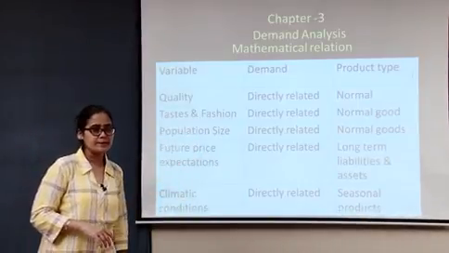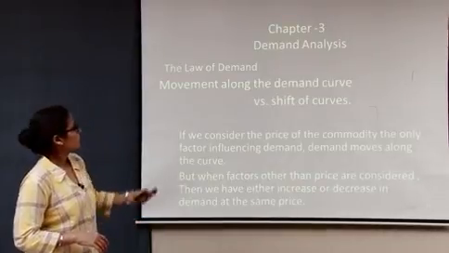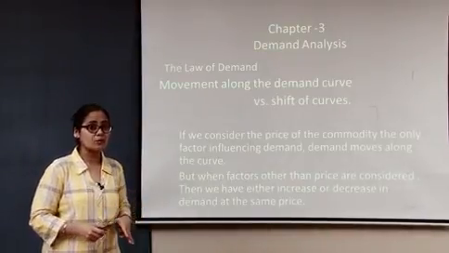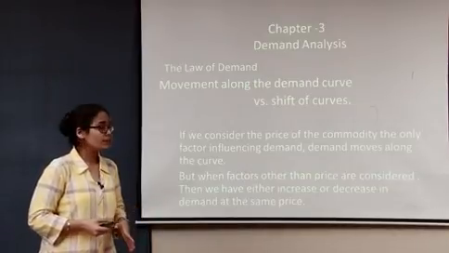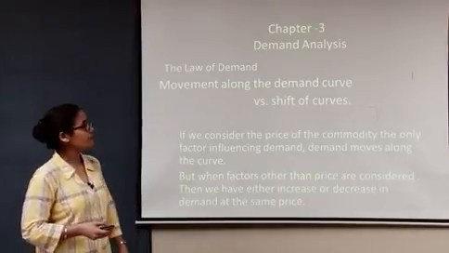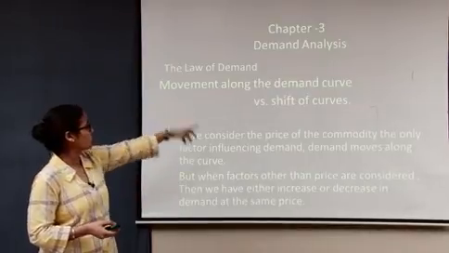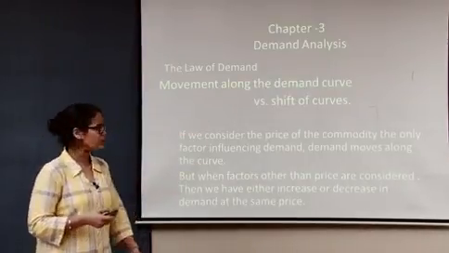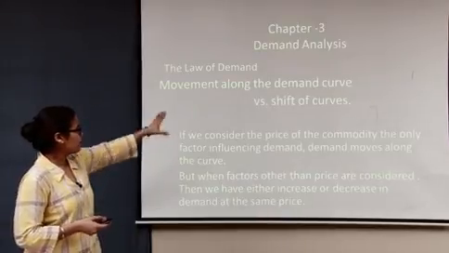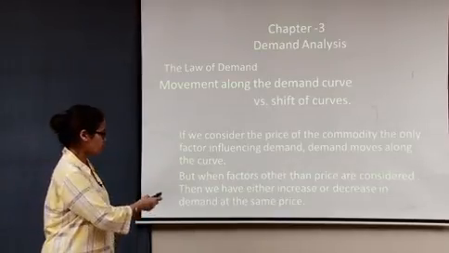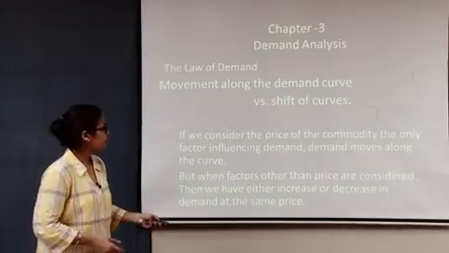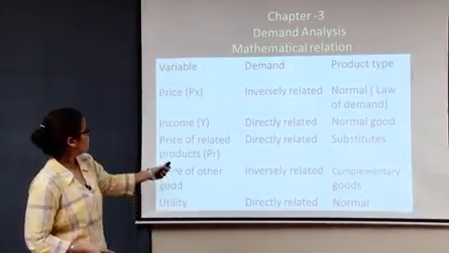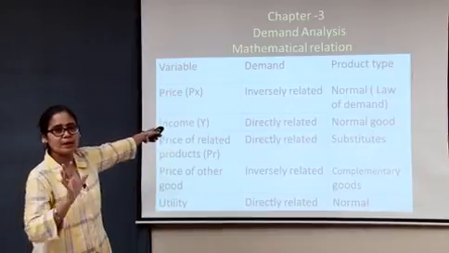Now we come to the diagram or graphical part of whatever we have studied. Here we have two concepts of diagram called movement along the demand curve versus shift of the demand curve. What is the main difference? To remember this, I take you back to the slide where the first variable you see is price.